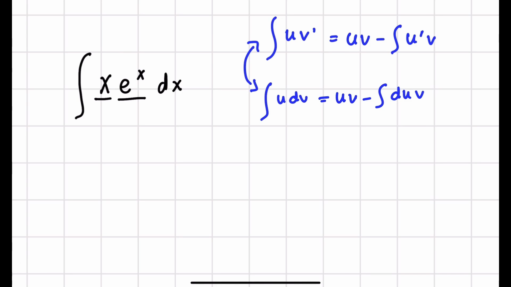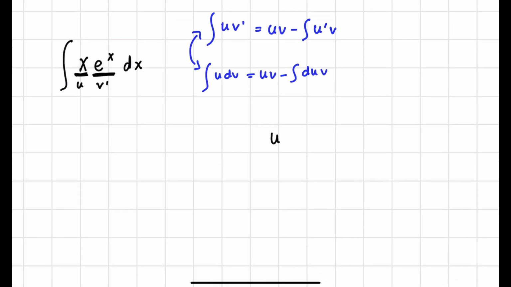So let's take a look at our example. We have x times e to the x. Our first part can be equal to u, and our second part could be equal to v prime. So let's just write this on the side. u is equal to x, v prime is equal to e to the x.